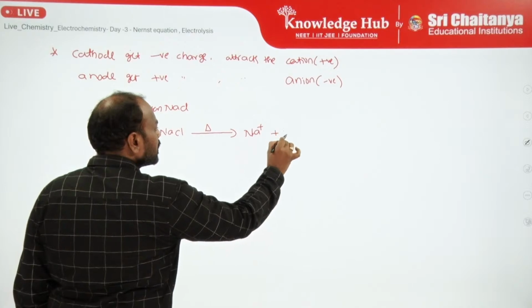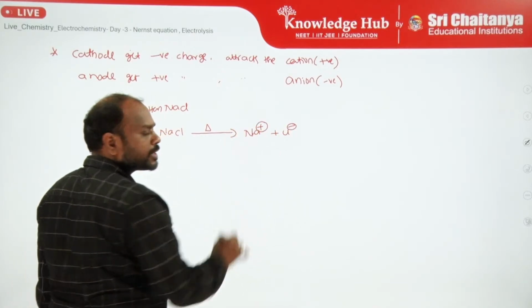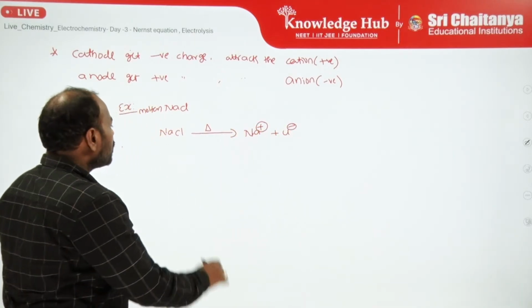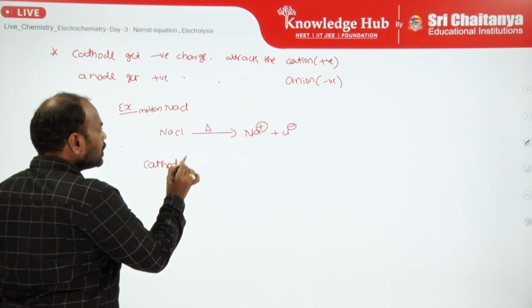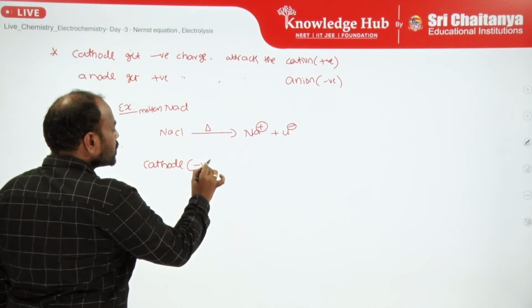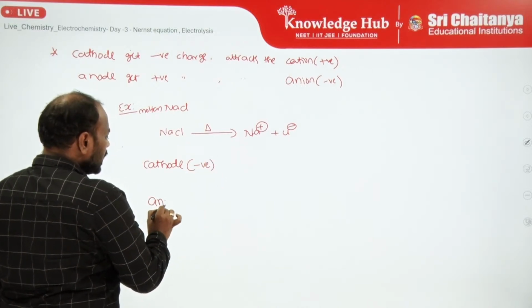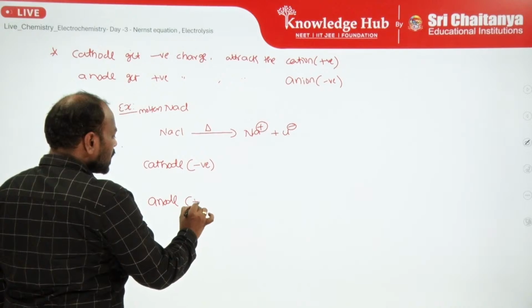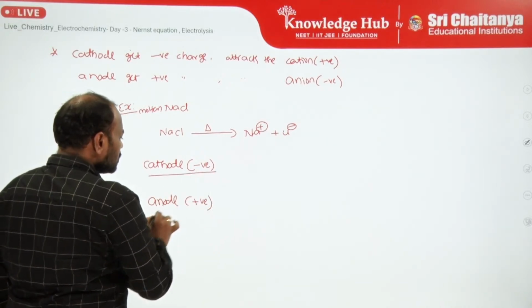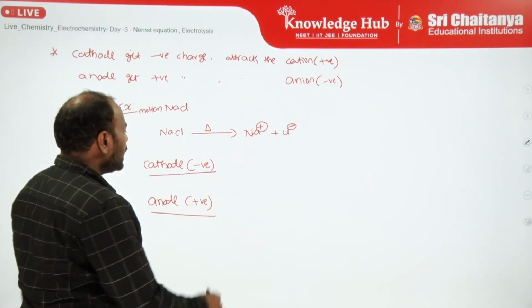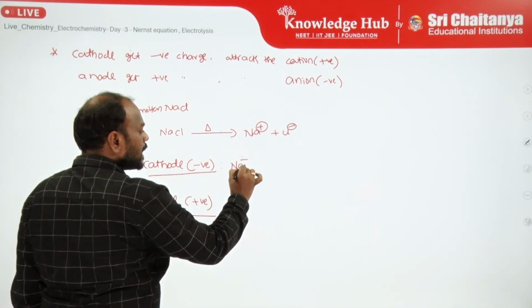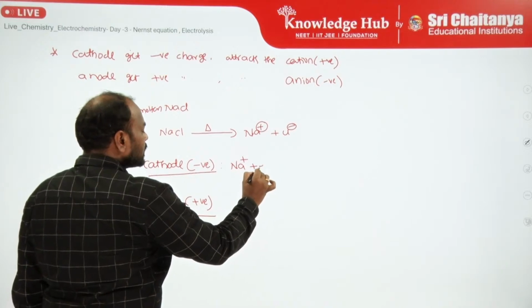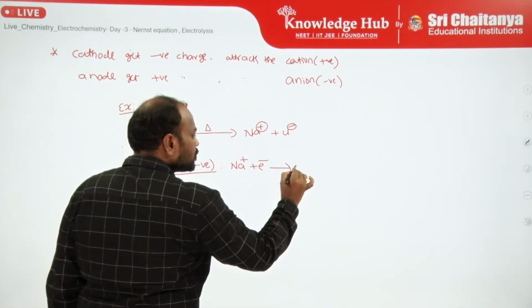Na+ and Cl- ions exist. Now the cathode gets the negative charge, the anode gets the positive charge. So the negatively charged cathode attracts the oppositely charged ion, that is Na+ is attracted towards the cathode, then converted to sodium.